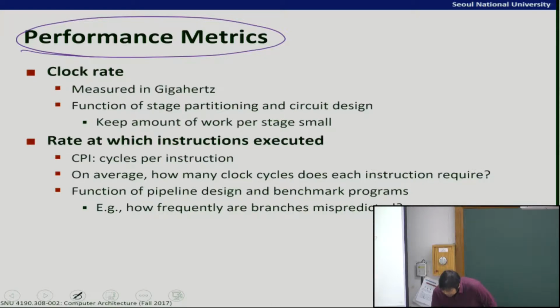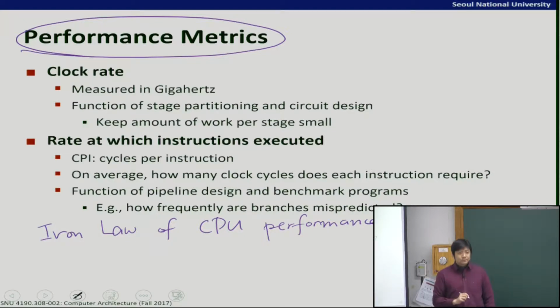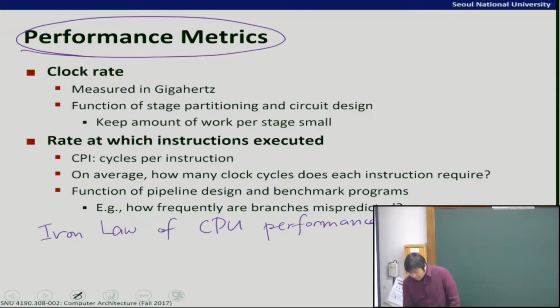There is a so-called Iron Law of CPU performance. This is a very famous formula introduced in the 1980s.